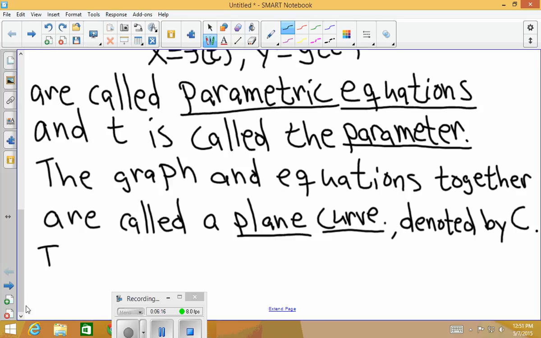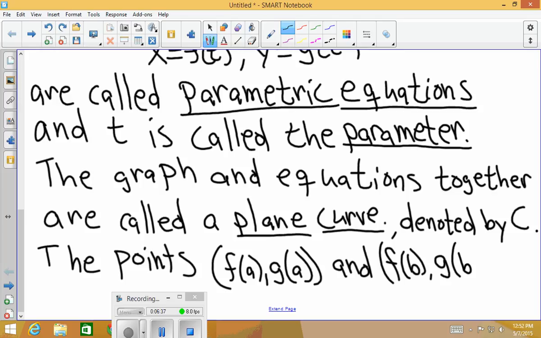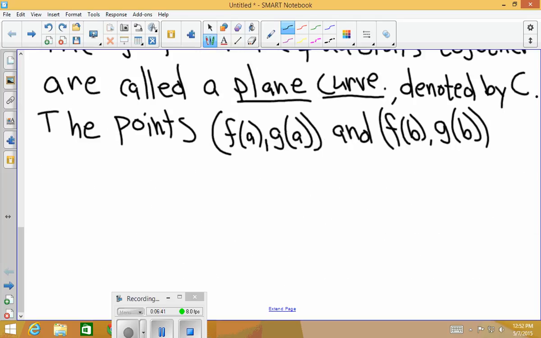The points f of A, g of A, and f of B, g of B are called endpoints of the graph.